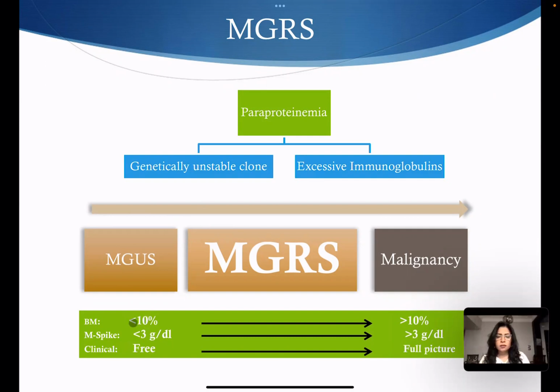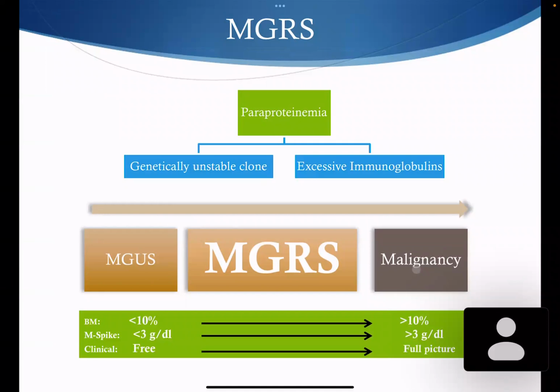The bone marrow plasma cells should be less than 10%, the monoclonal spike should be lower than 3 grams per deciliter, and the patient should be clinically free. So these three criteria, less than 10% plasma cells, less than 3 grams per deciliter of monoclonal band on serum protein electrophoresis, and a clinically free patient, make MGUS, or monoclonal gammopathy of undetermined significance.